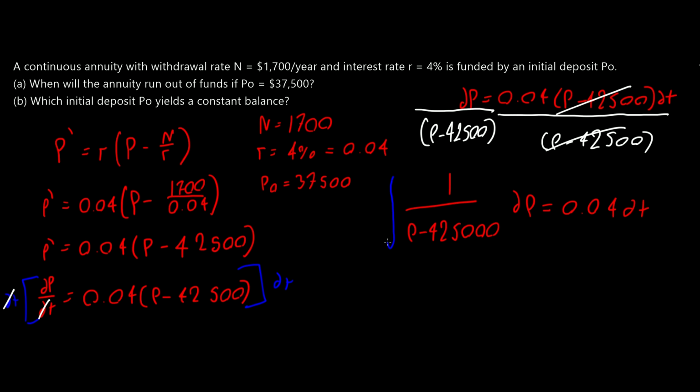And now you can take the integral of both of these sides. On the left side, we're going to have the natural log and then the absolute value of p minus 42,500, and then this will be equal to 0.04 t, and then don't forget your constant of integration c.